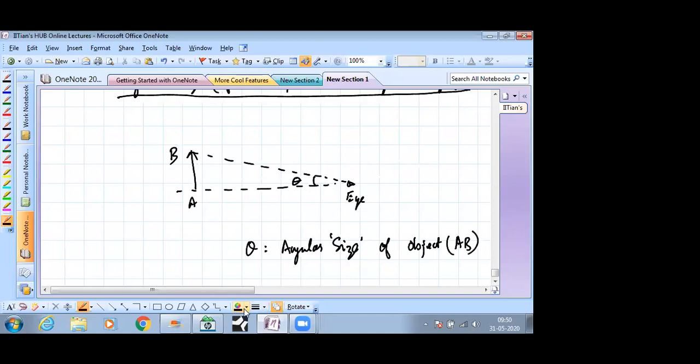Now you can see in this diagram that if I bring the same object closer, its size is not changed, but it will appear magnified. Why? Because the angular size is increased. If I took it further away, its size is not changed, but it will appear smaller.